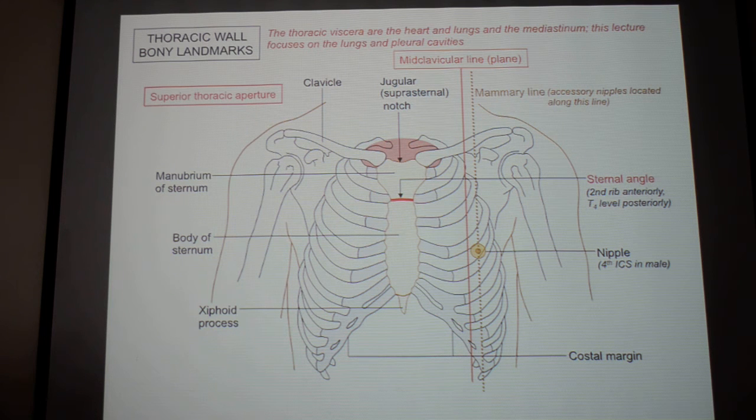Now, we know that this is the superior thoracic aperture. But clinicians call it the thoracic outlet. Please be clear with this word. I'm not using thoracic outlet, I'm using superior thoracic aperture, an opening in the thoracic cavity superiorly.